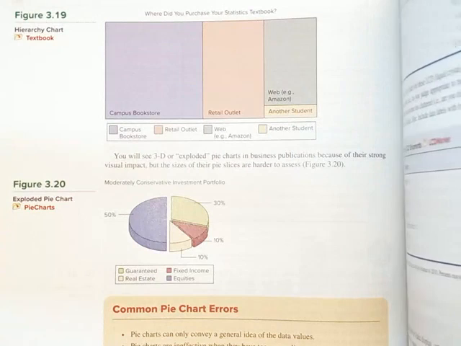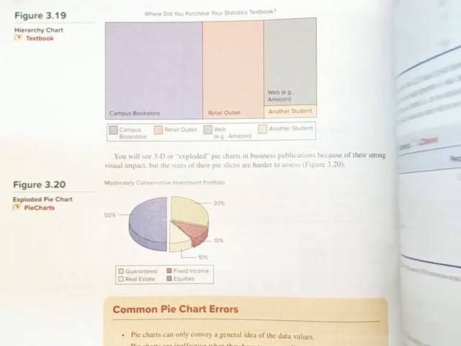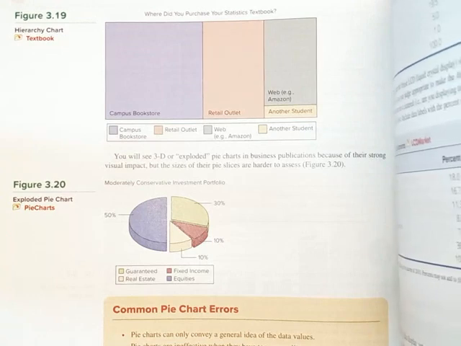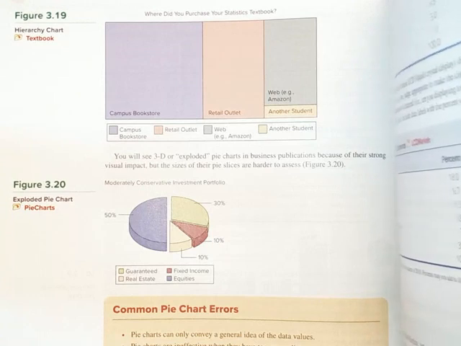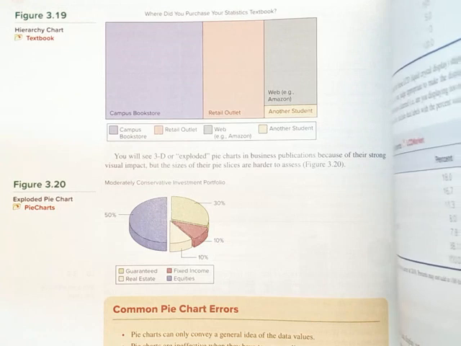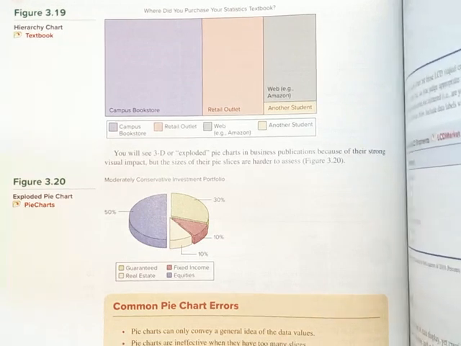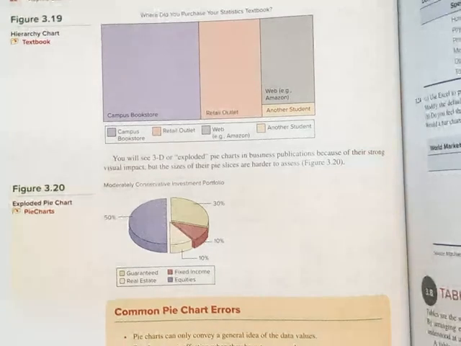But again, to assess visually is basically how much I bought at the bookstore. Bought from another student.